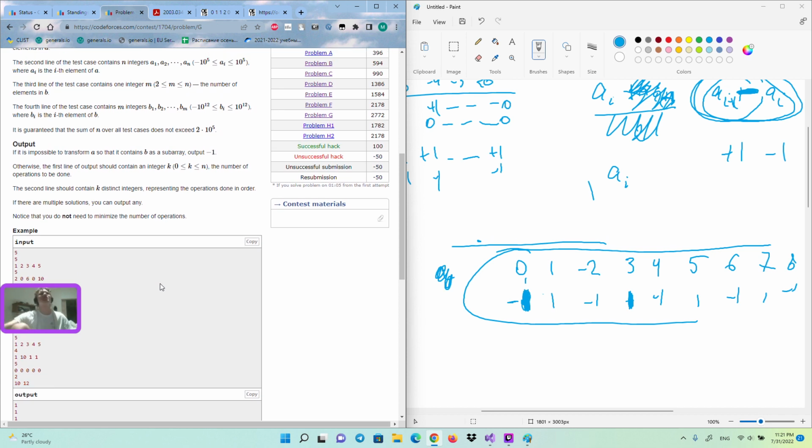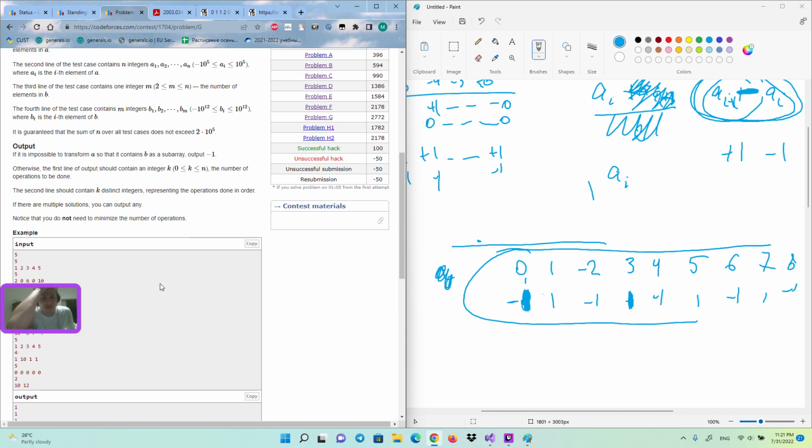And what's more bad is that we have to check it for every subarray B. Oh, and it's awful. So we have to do it in O(1). We have to do it extremely fast, blazingly fast. Did you understand? There are two parts of the problem.